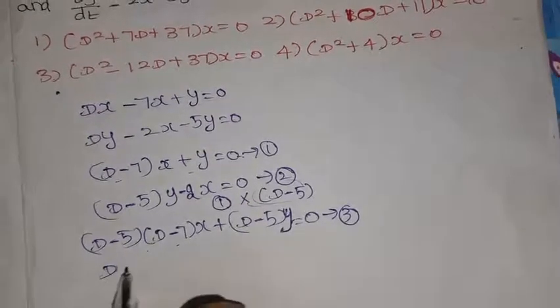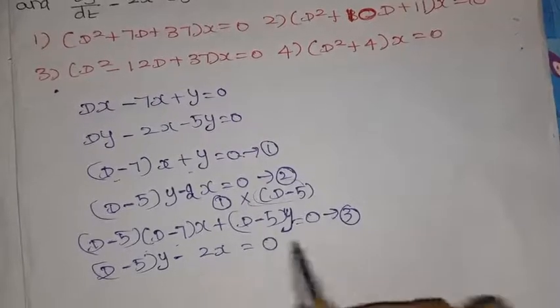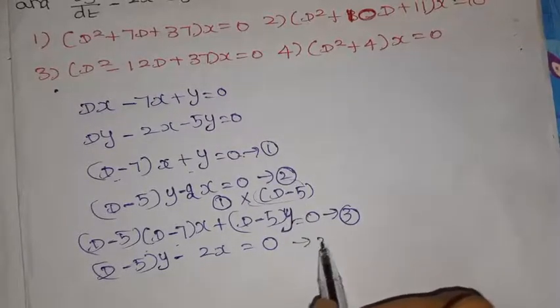So equation 1 multiplied by D minus 5 is equation 3. Then just repeat equation 2: (D minus 5) into y minus 2x equal to 0.